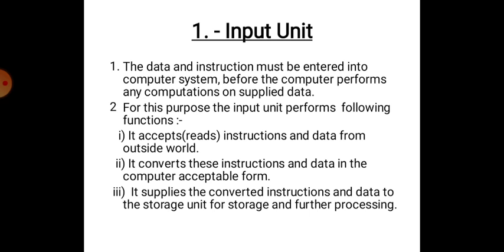Whatever data human gives through the input device is accepted and converted into a machine understandable form, which we call computer acceptable form. These instructions and data are kept in the storage unit till they are processed.